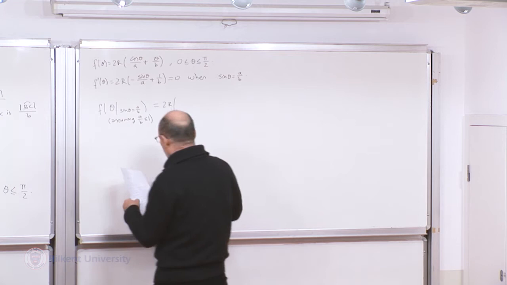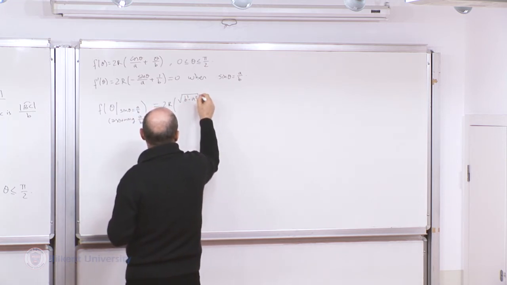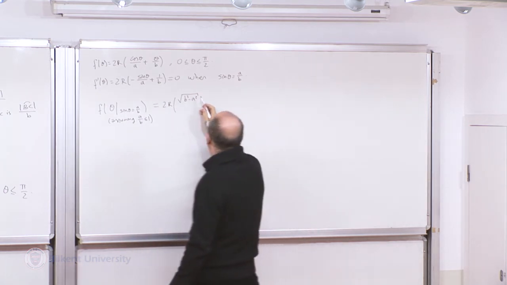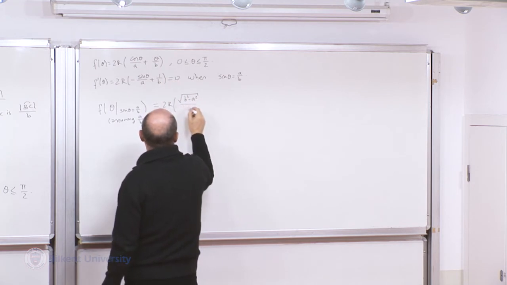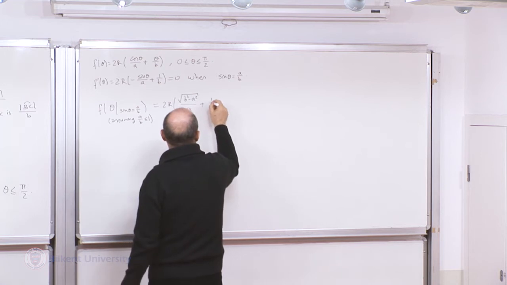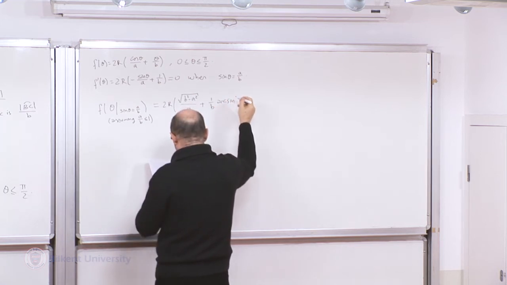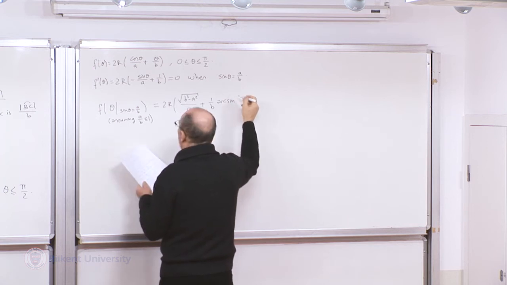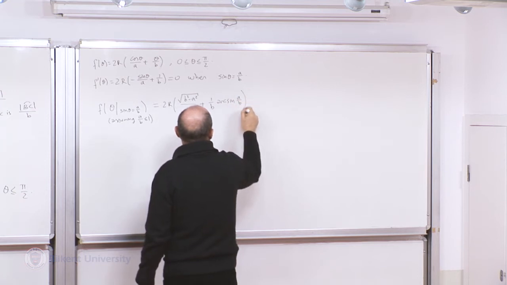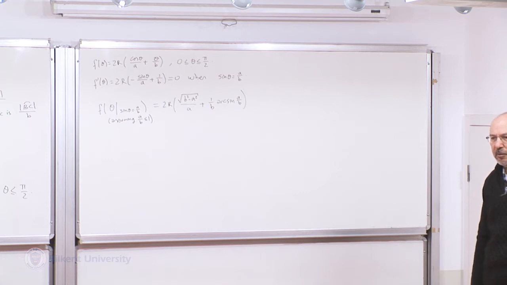So what you will get is square root of B square minus A square, where you need that B should be larger than A, divided by A, plus 1 over B arc sine of A over B. So this is the value of the function at the critical point.